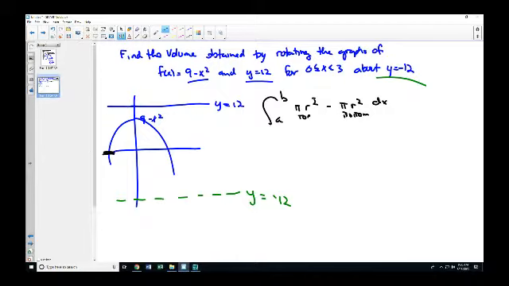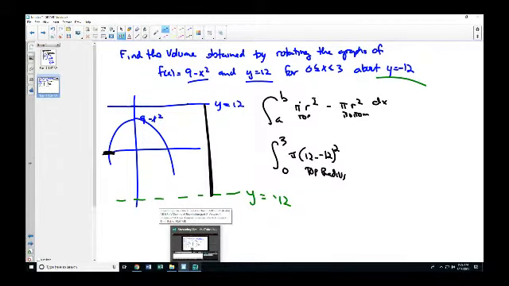We again follow the principle of top minus bottom. So our first radius is going to be 12 minus negative 12. That's 24 units.